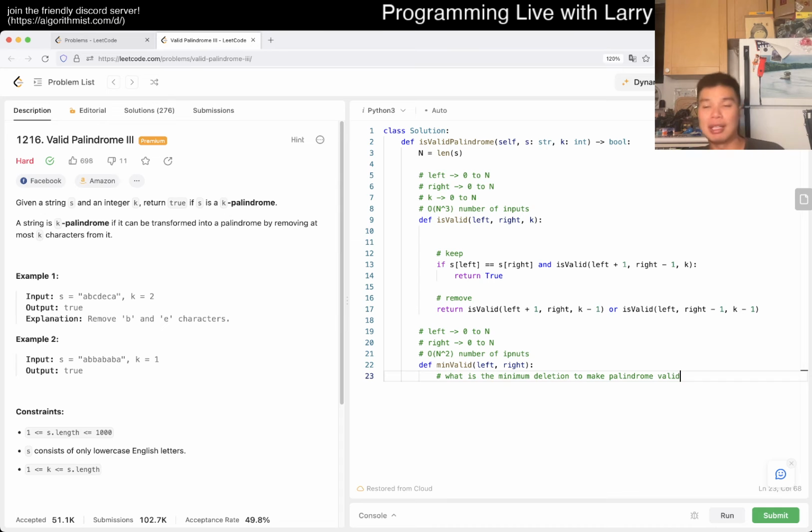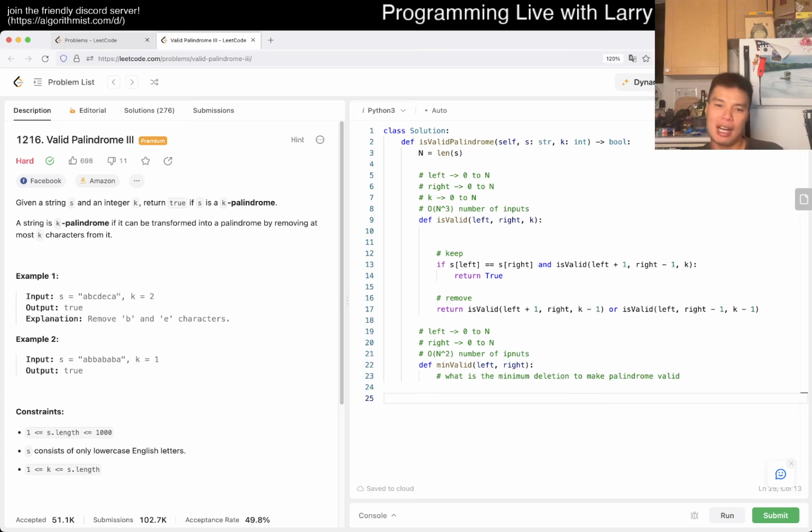If you're able to calculate the minimal deletion, then that is the optimal path, and you can see if you can remove at most k characters from it. I think this is actually what we want to do.